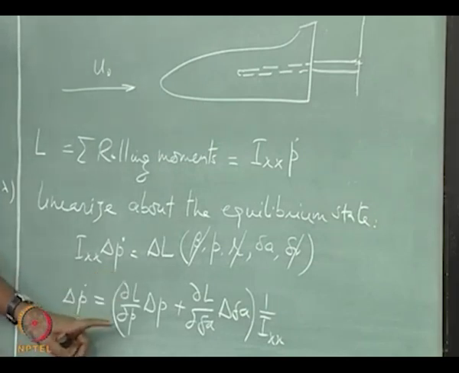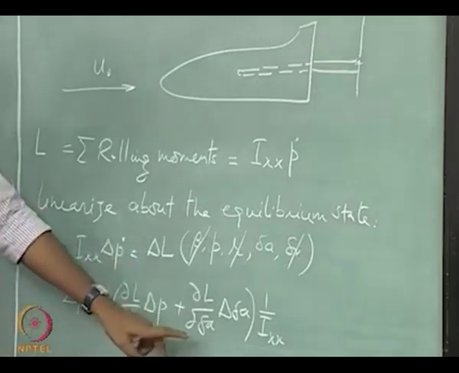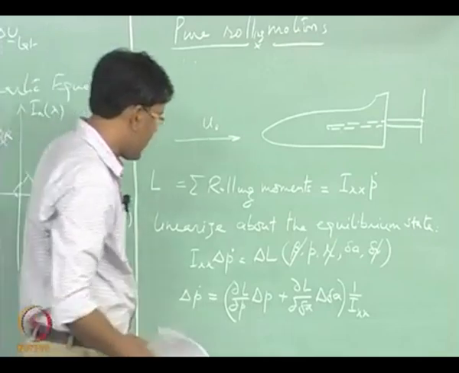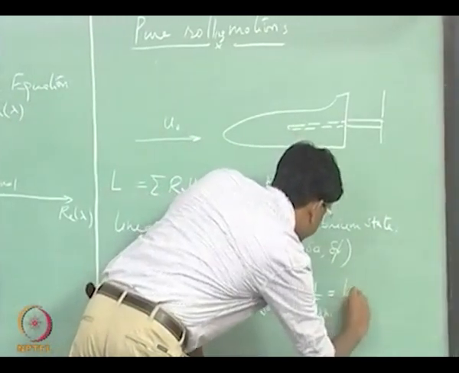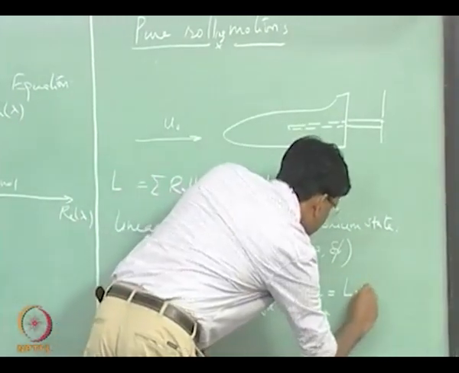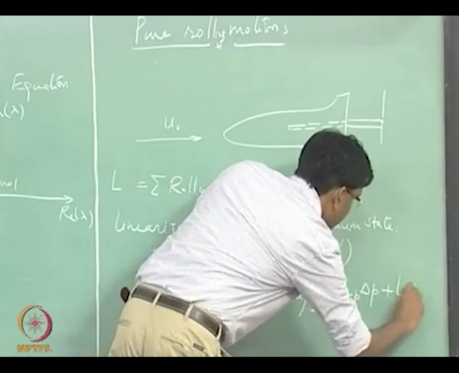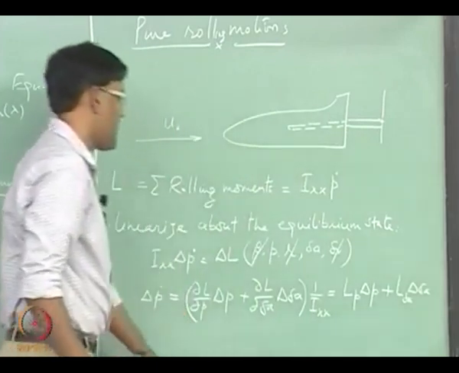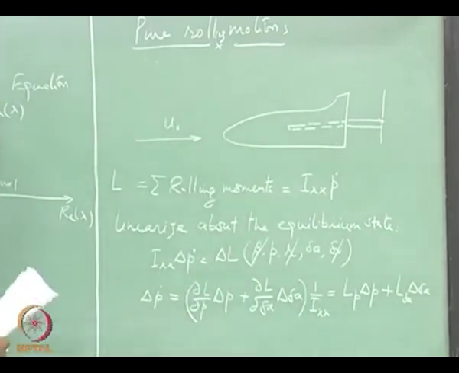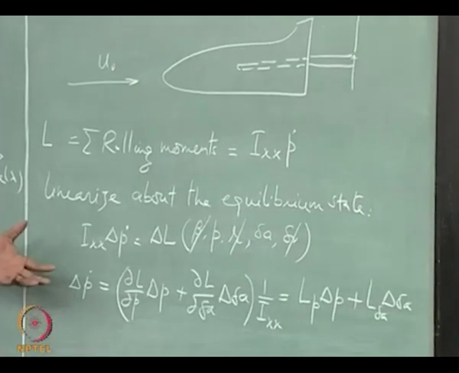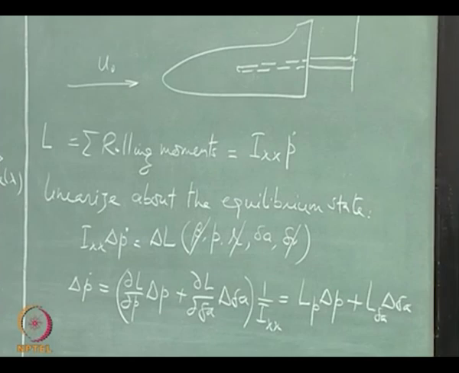Change in rolling moment due to the change in the roll rate, change in rolling moment due to aileron deflection, right, and this is equal to... so this is my equation of perturbed motion in roll about the equilibrium state that we are talking about.